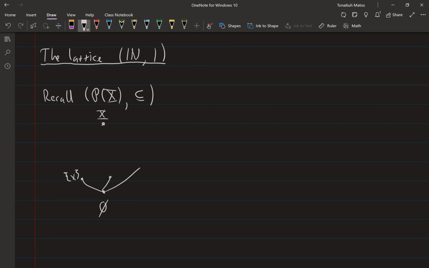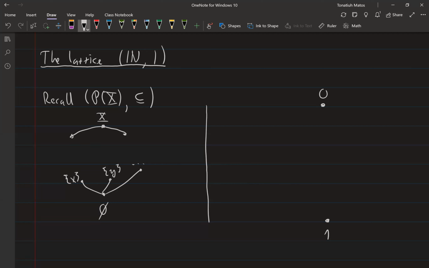Now, what does divisibility look like? Well, I just convinced you that everything divides 0, and I also hopefully convinced you that 1 divides everything. So in this order, 1 has to be at the bottom, because 1 is to the left of every integer with this order. So 1 is indeed the smallest element, and 0 is the largest.